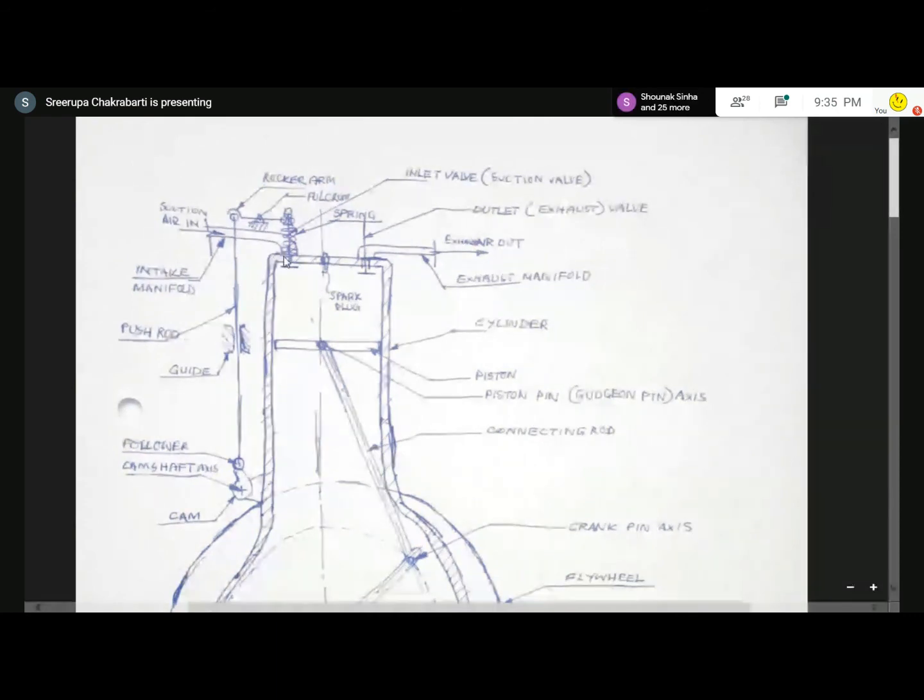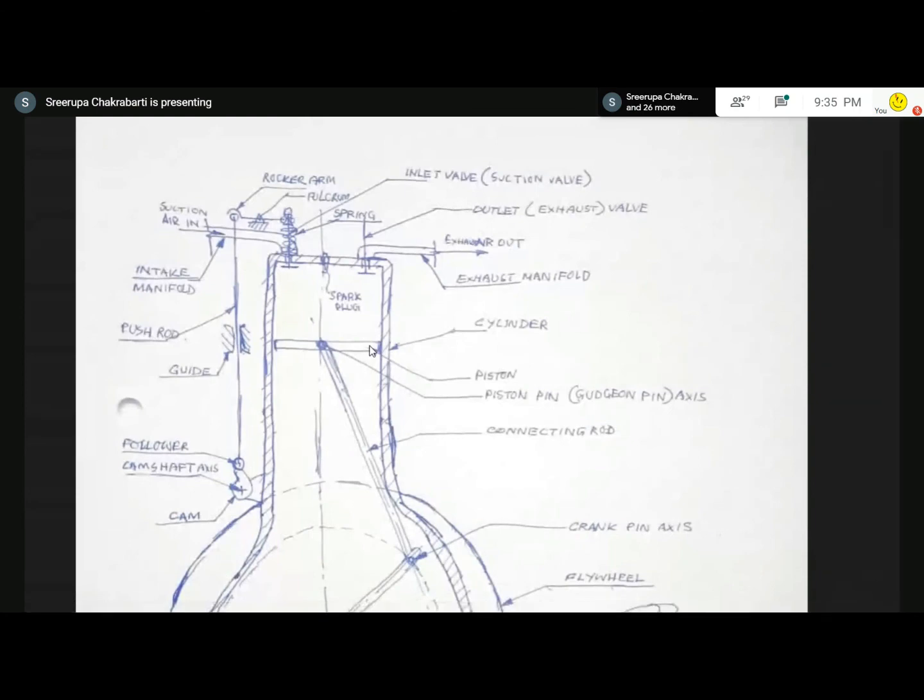That means it is never possible that the gas will actually touch the surface of the piston during the downward journey of the piston. There will always be some gap.